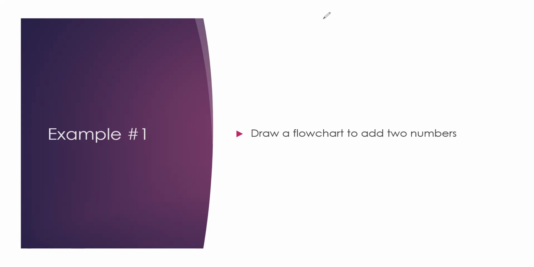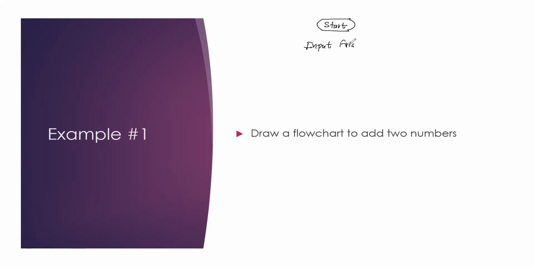My first step is I will draw the start. It will be start, right? So indicate the start of this. Then we know we have to get input. What do we have to get? First number, isn't it?